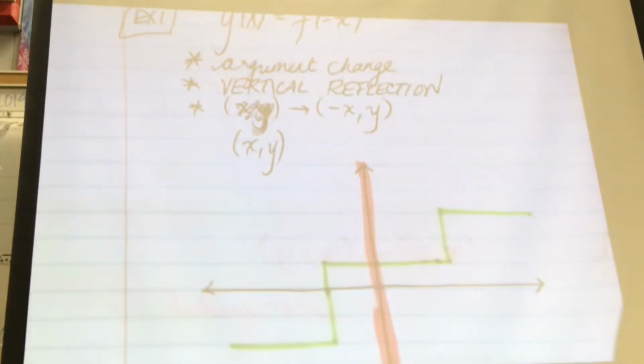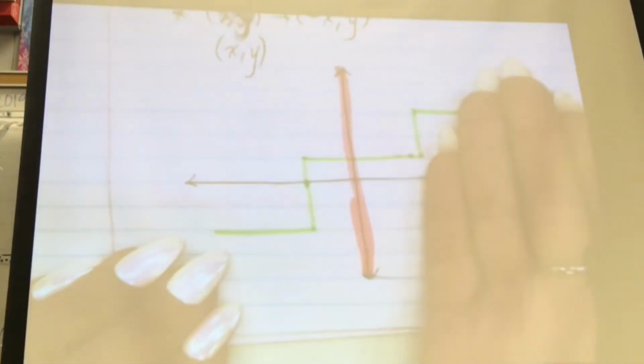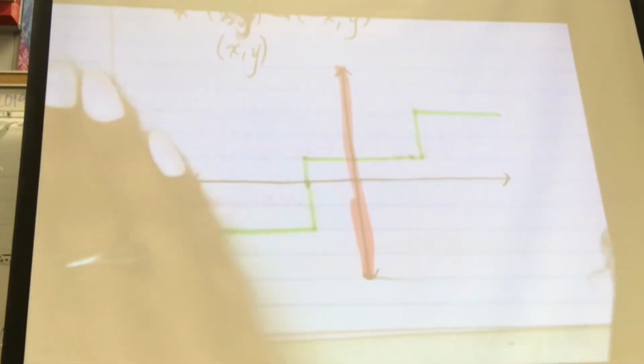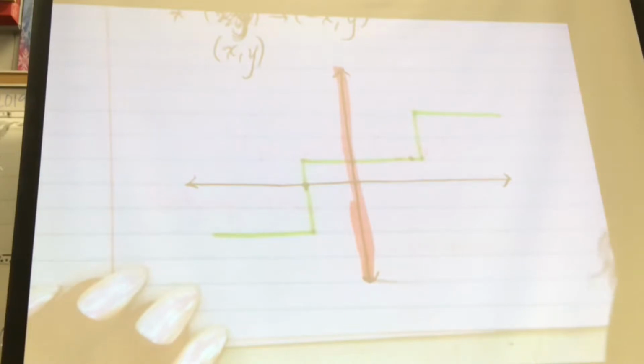Let's say that's my graph, and it's a vertical reflection. That means that if I take this side and fold it over, whoever's on the left is going to land on what side? Right. On the right. Whoever's on the right is going to land on the left. So what we want to do is make sure that it's perfectly reflected on the other side.